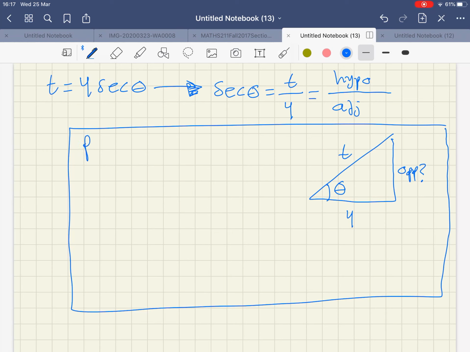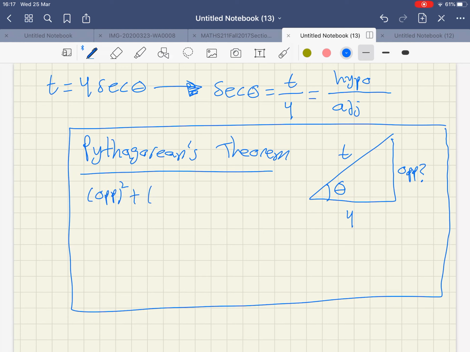We will use Pythagorean theorem, which says that opposite squared plus adjacent squared equals the hypotenuse squared.